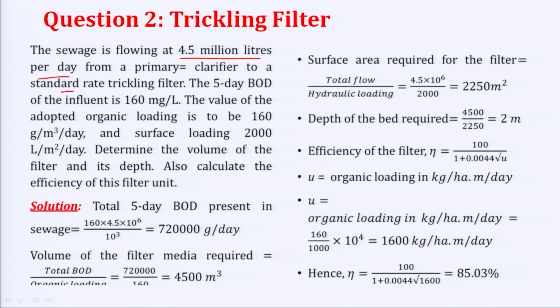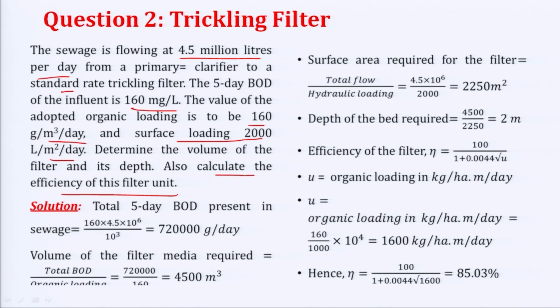The 5-day BOD of the influent is 160 milligram per liter. The adopted organic loading is 160 grams per meter cube per day, with a surface loading of 2000 liters per meter square per day. Determine the volume of the filter and its depth, and also calculate the efficiency of the filter unit.